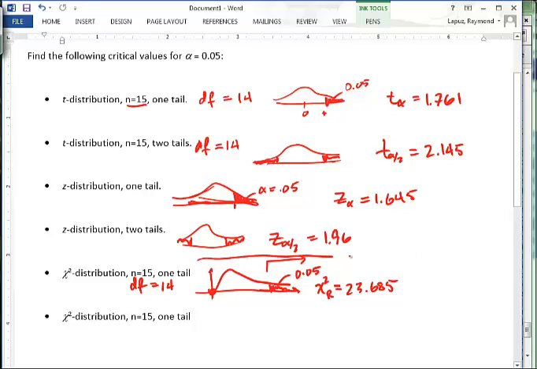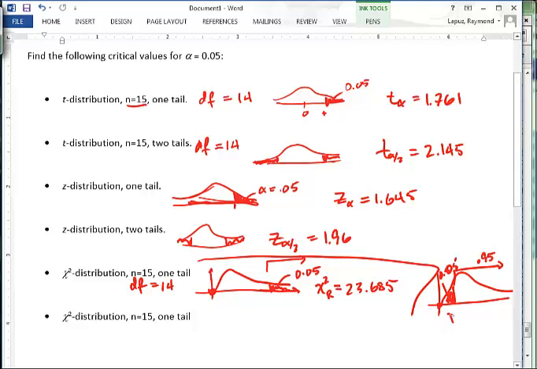Now we can do the same problem if we go to the left. And if the area on the left side is 0.05, then that means the area on the right side is the complement of that, or 0.95. And that's what we'd be looking at.